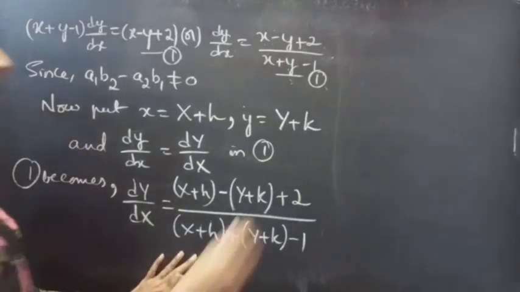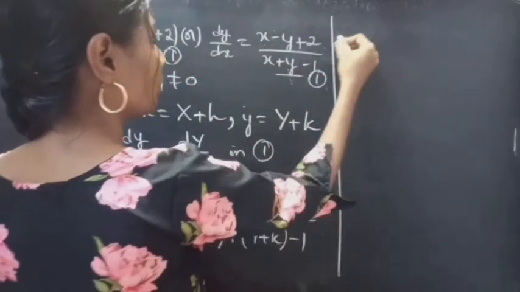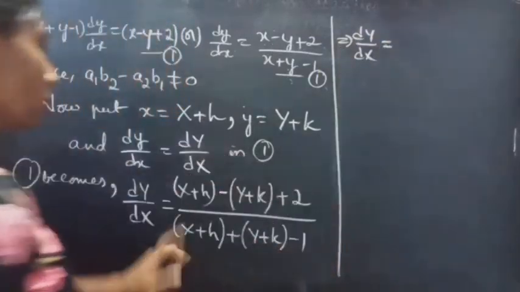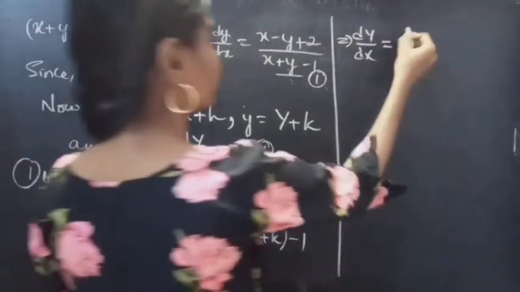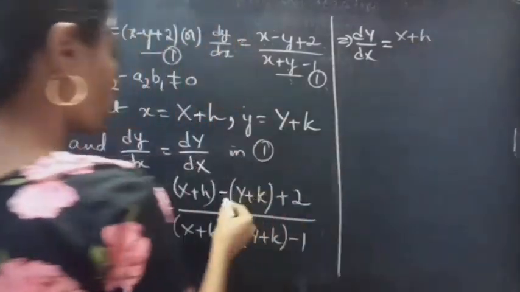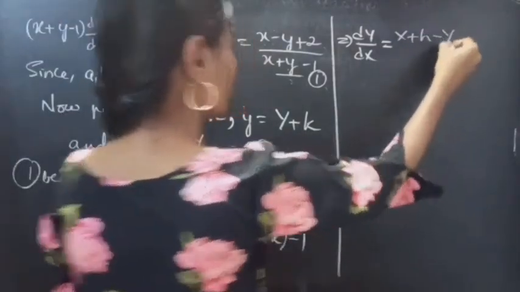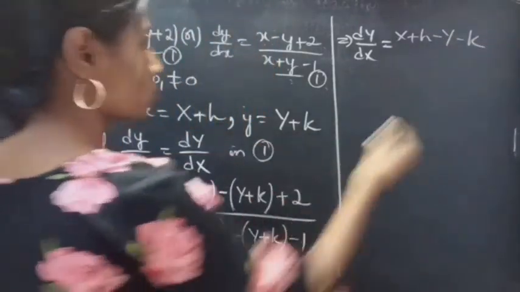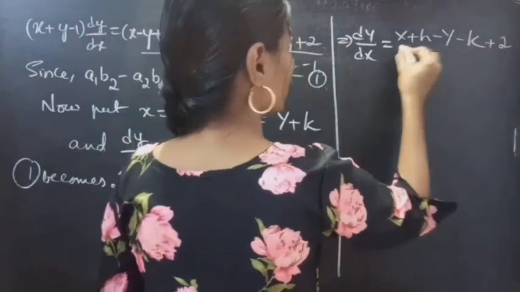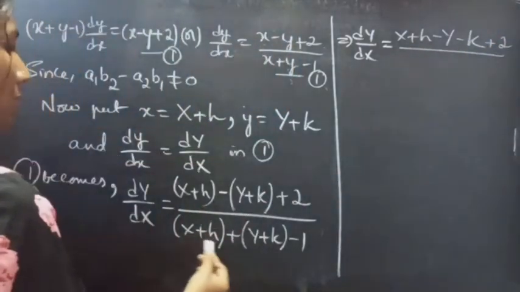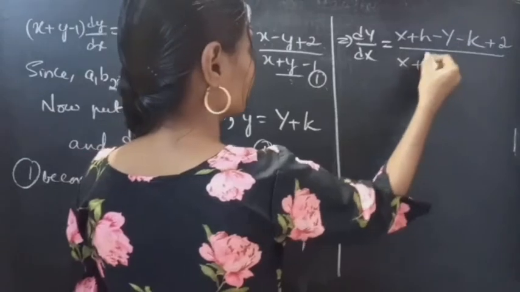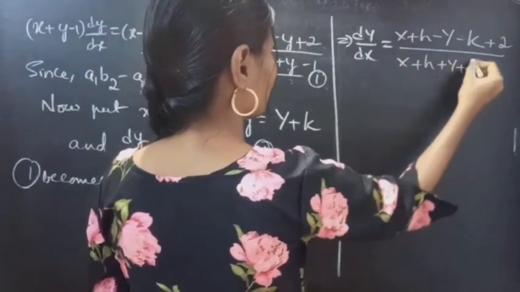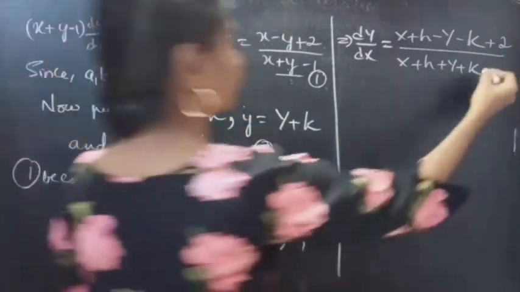Then you can write this as dy by dx equals to capital X plus h minus y minus into plus minus k plus 2 by capital X plus h plus y plus k minus 1.